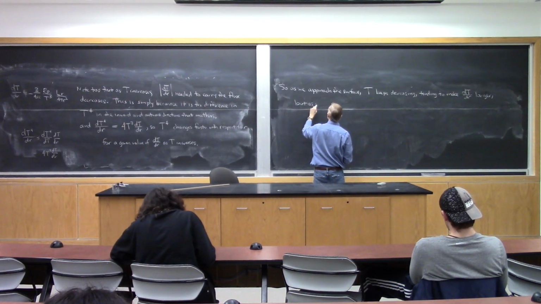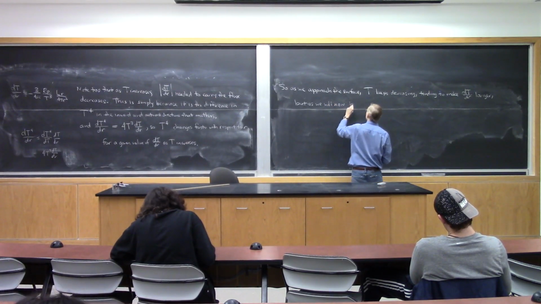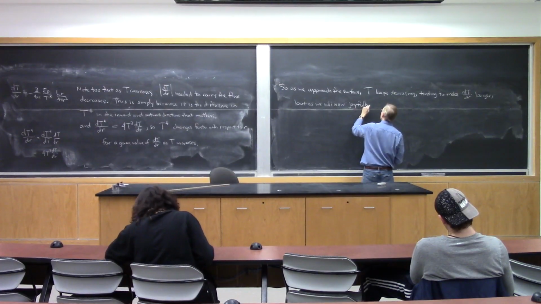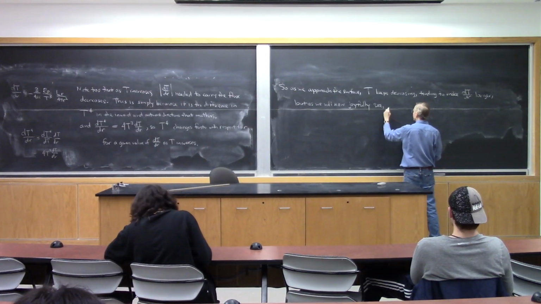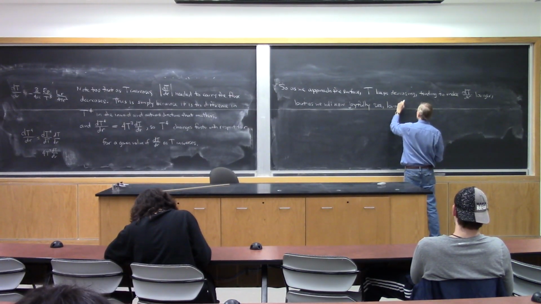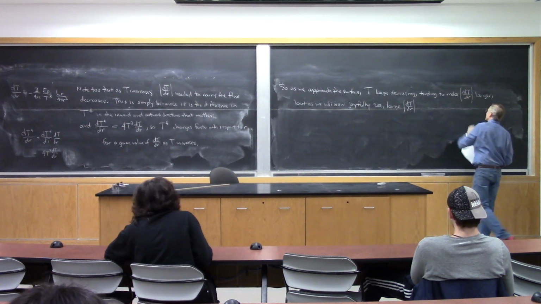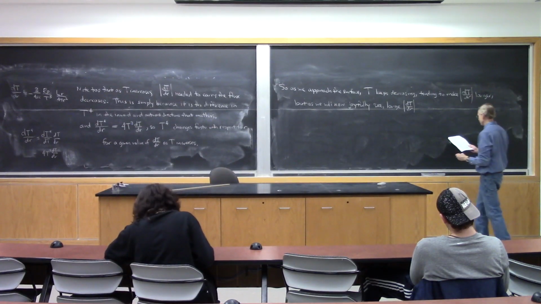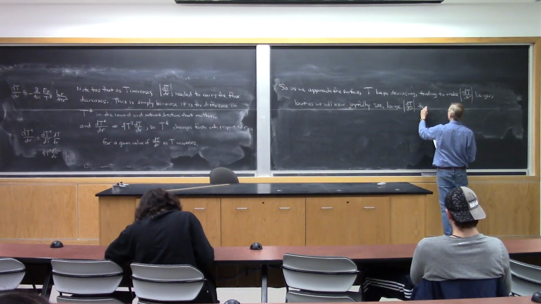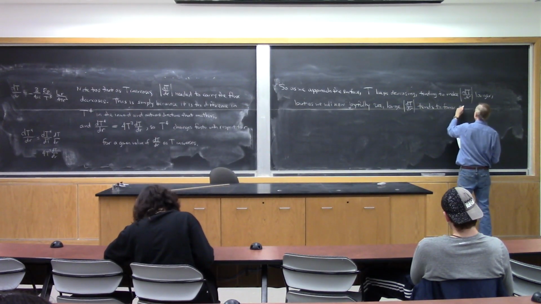But as we will now joyfully see, large dT/dr, I should put absolute value signs around there because it's negative, so I'm talking about its magnitude. Large dT/dr in magnitude tends to favor convection.